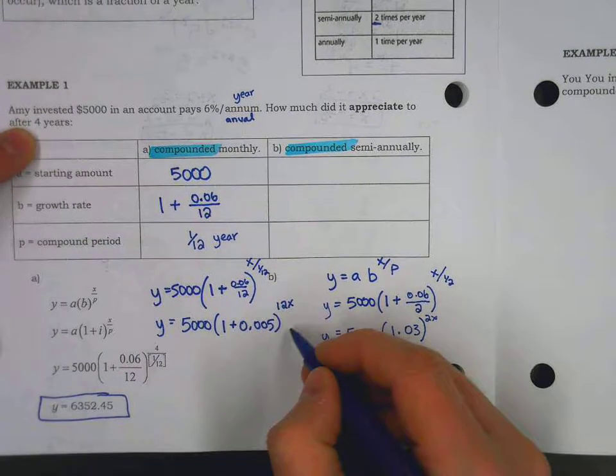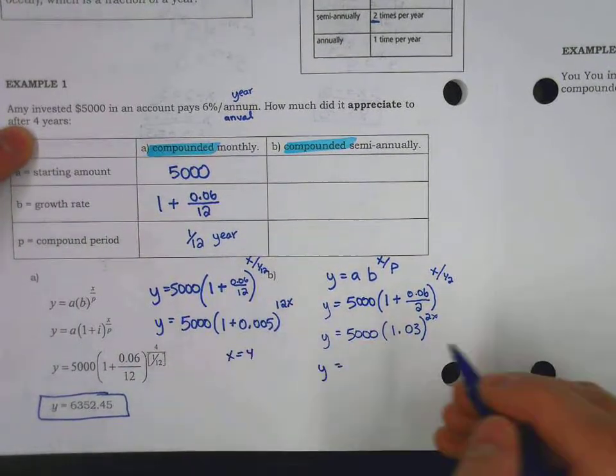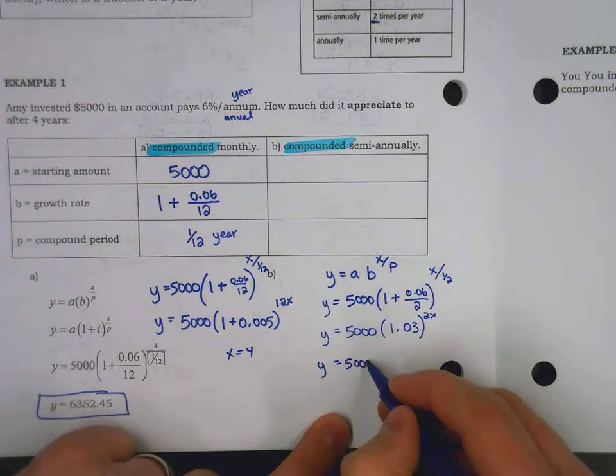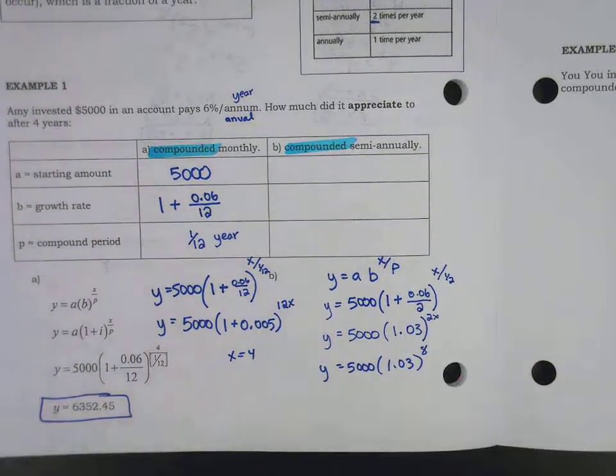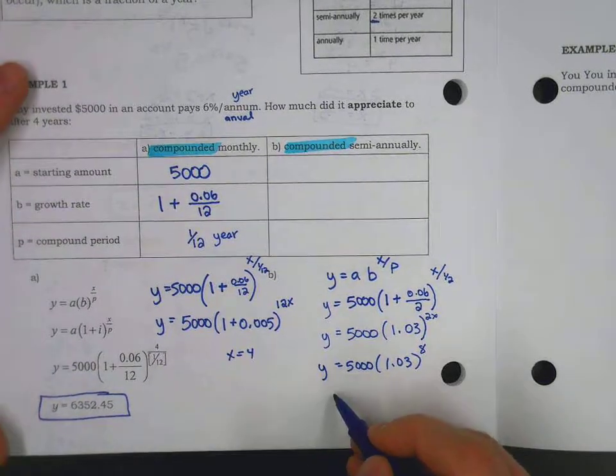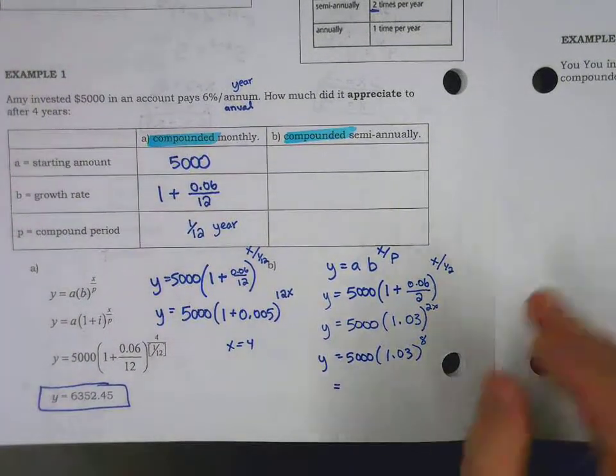And so for this question, investing after 4 years, if you plug in x equals 4, we've got 5,000 times 1.03 to the 2 times 4. Plug this into a power of 8, and we end up with a larger amount.